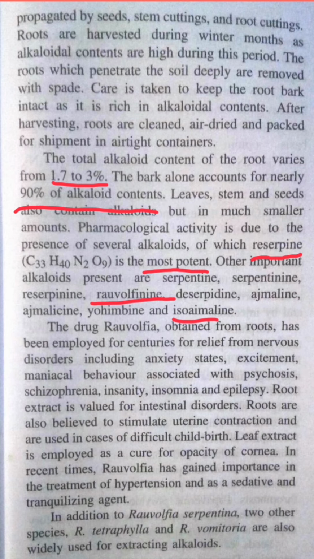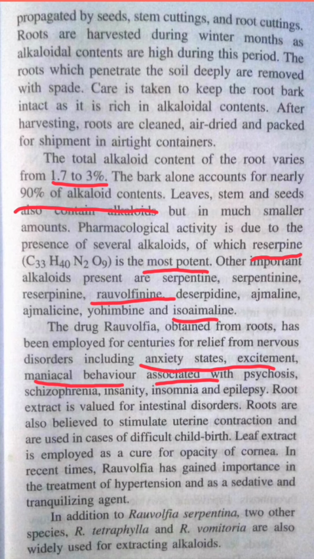Now the drug Rauvolfia, which is obtained from the root, has been employed for centuries for relief from nervous disorders. All these you can see here are nervous disorders: anxiety states, excitement, maniacal behavior, which is like wild or violent behavior.